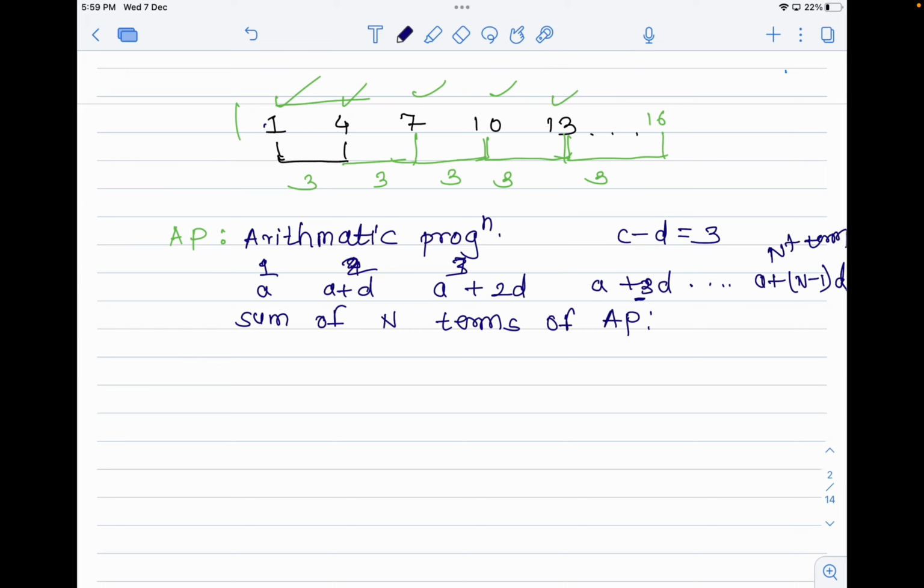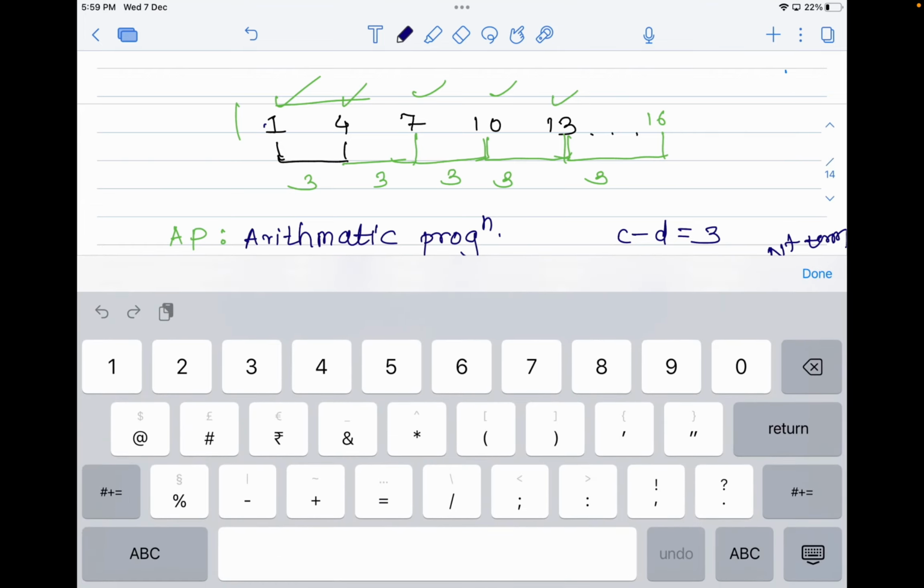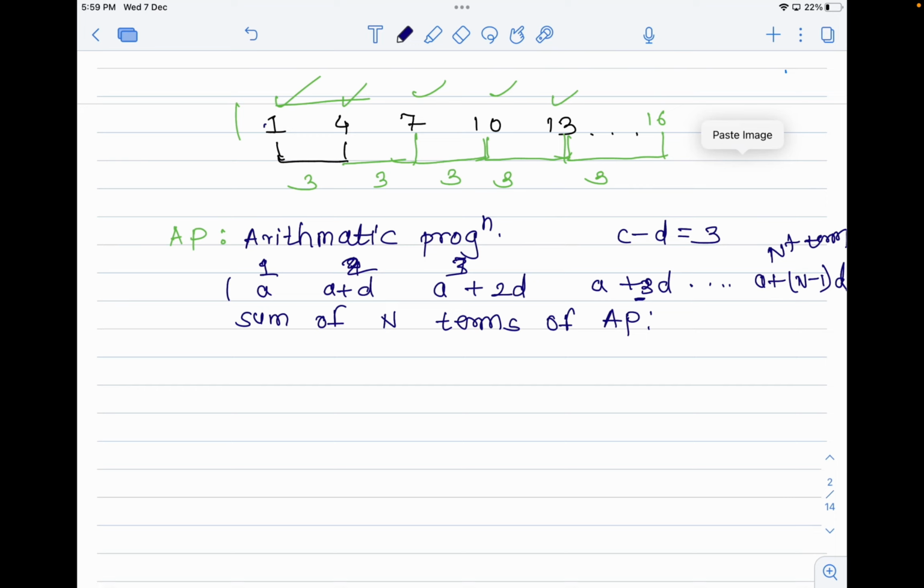Got it? So in this way, if you are finding the terms, then how can we find the sum of n terms with the help of this A and D?